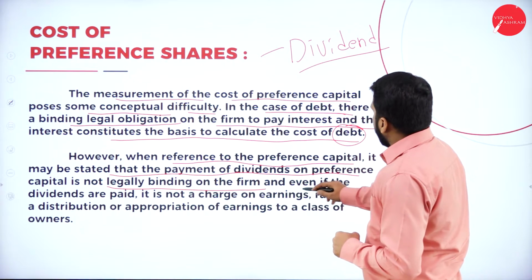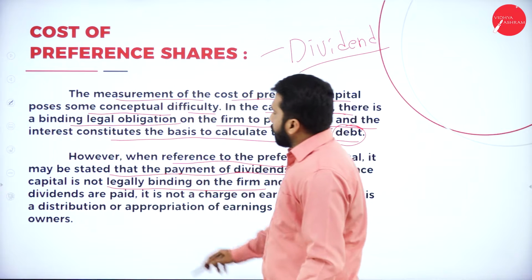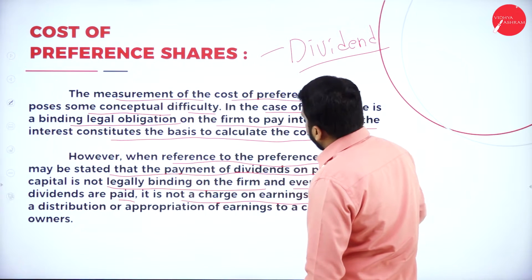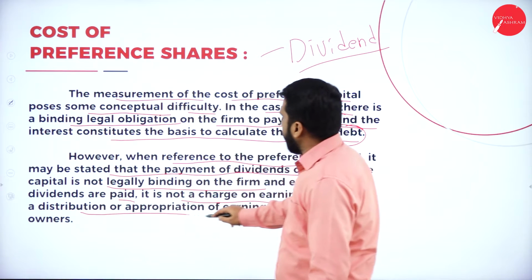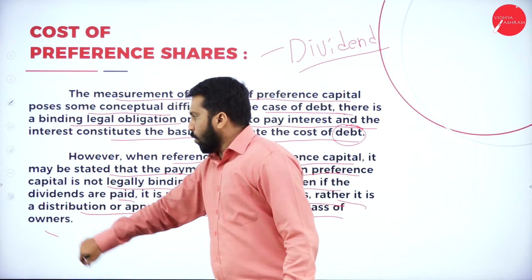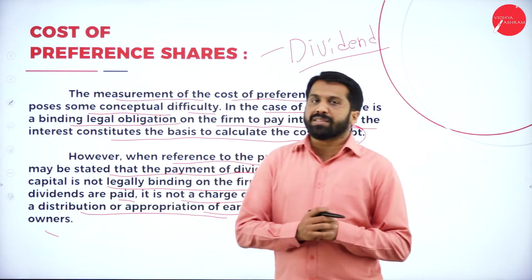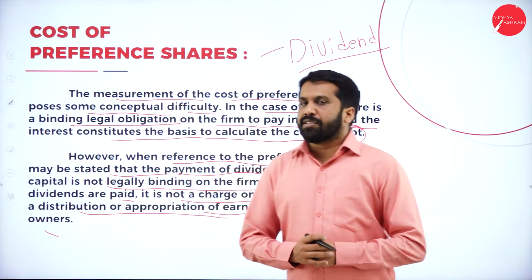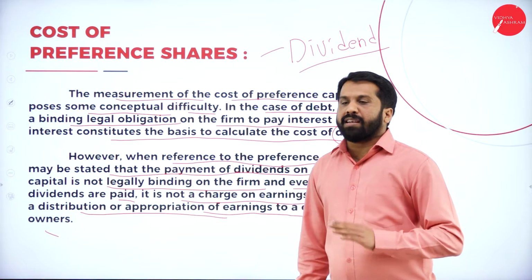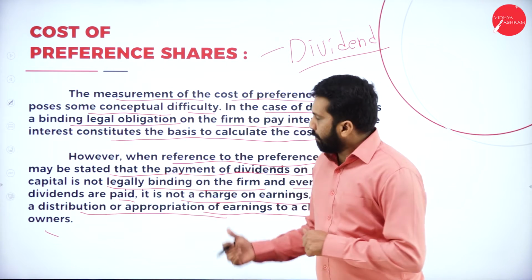Even if the dividend is paid, it is not a charge on earnings. Rather, it is a distribution or appropriation of earnings to a class of owners. Hope you understood. This is all about your preference shares. No need to remember all these definition points. You will not get any question for theory from these things.